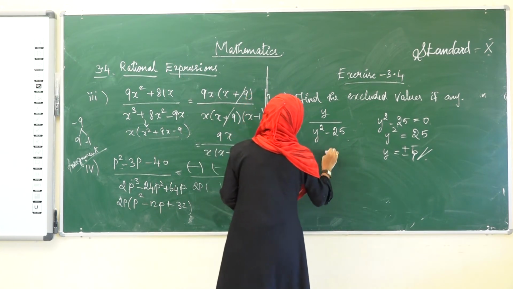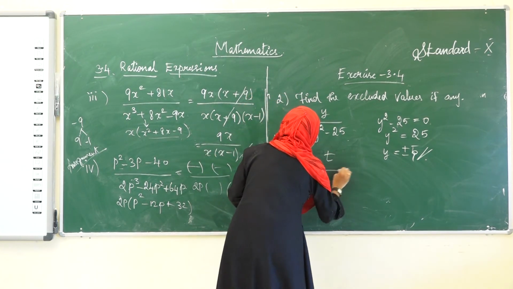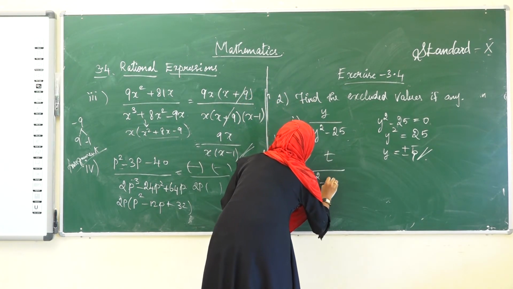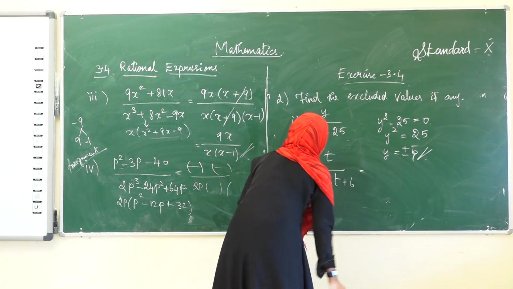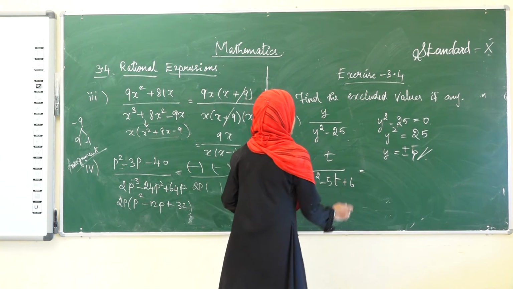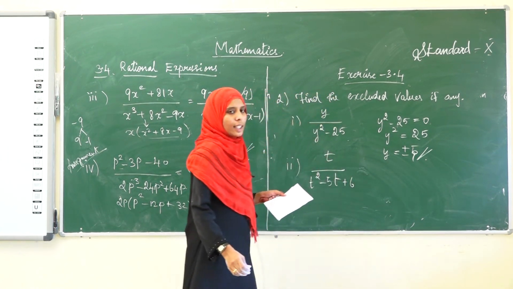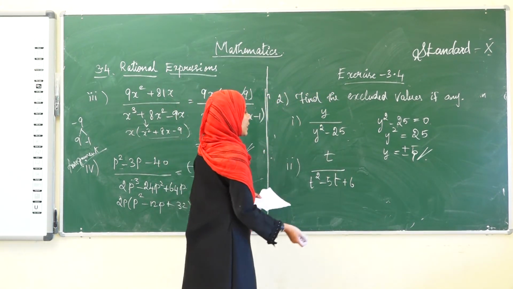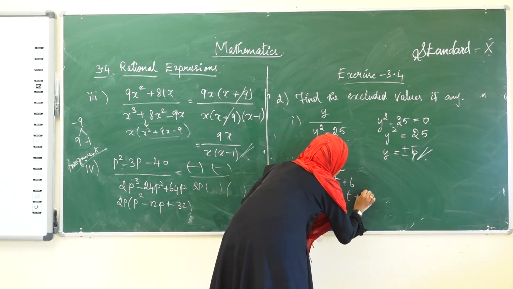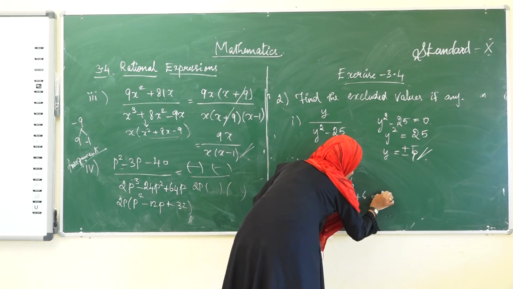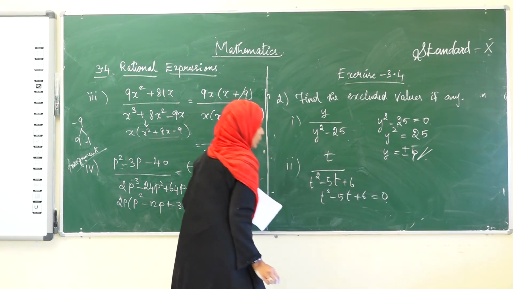The second question, t divided by t square minus 5t plus 6. See here, for finding the excluded values, what will we take? We will take the denominator alone, that is t square minus 5t plus 6, and equate it to 0.